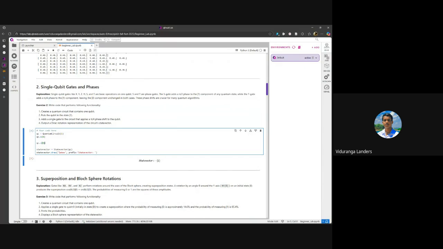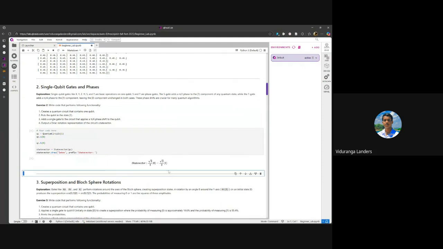So you can do a little bit of research on which gate would add this particular phase shift. So this is not a phase shift gate, but if I add the Hadamard gate here, it would give me a state like this. So you can search on Google or maybe anywhere else and find which gate gives this phase shift.